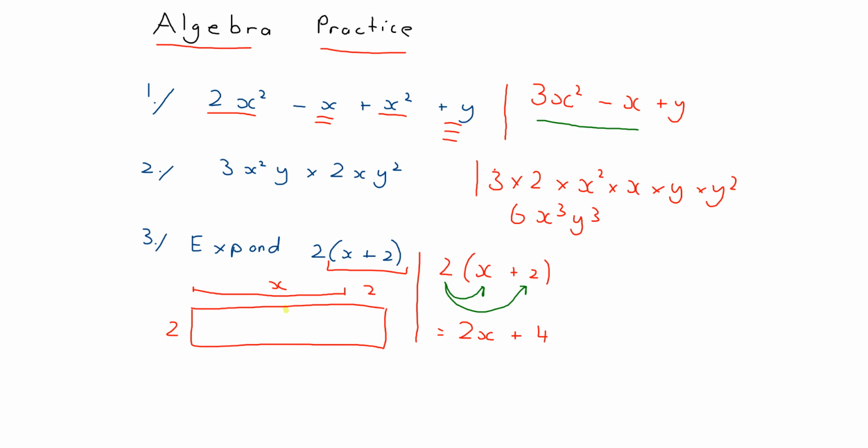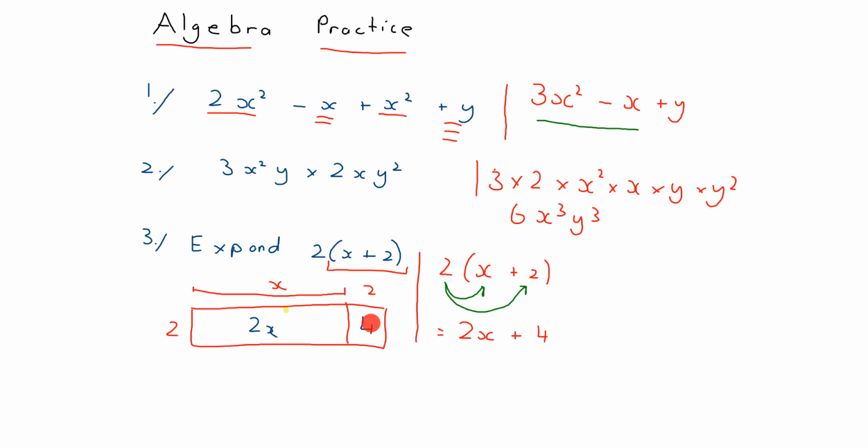So I'm going to work out the area of this rectangle, and I can see this part is 2x because of course it's 2 times x, but this little part here, 2 times 2, is going to have an area of 4. So 2 times x plus 2 is just 2x plus 4, like you can see in that little rectangle there.